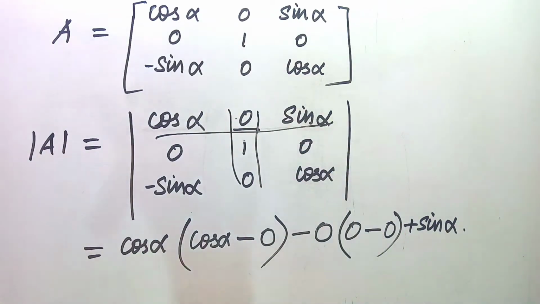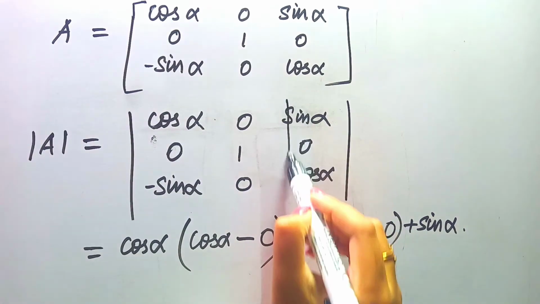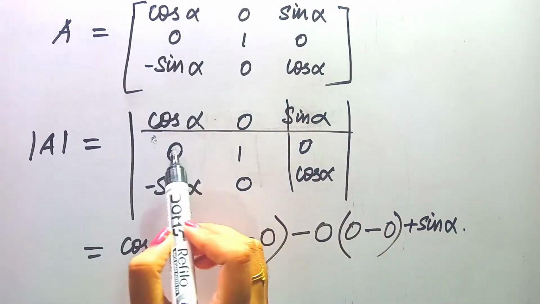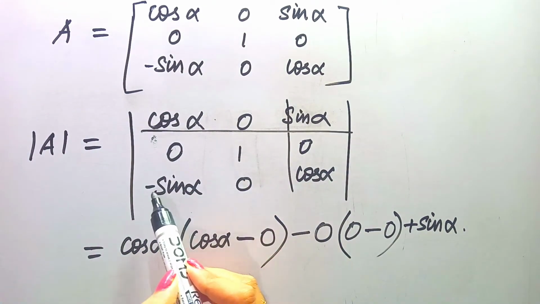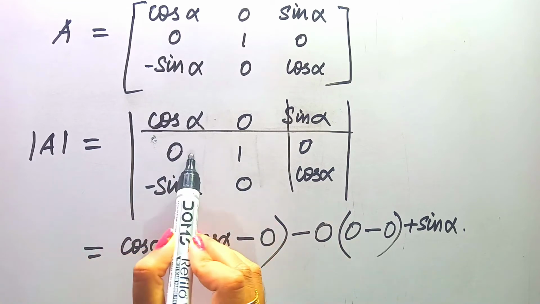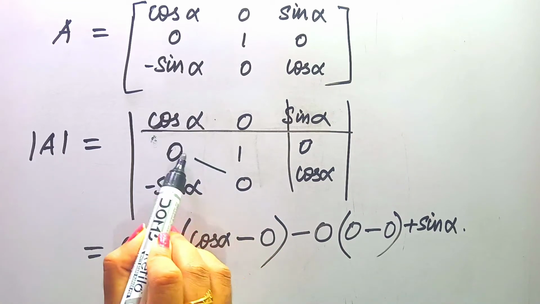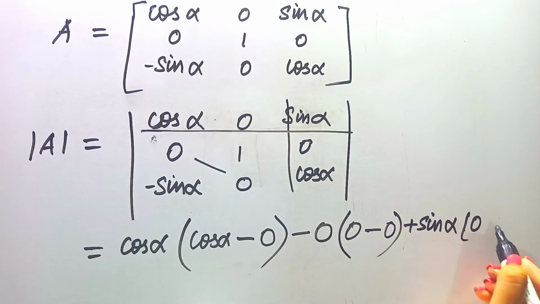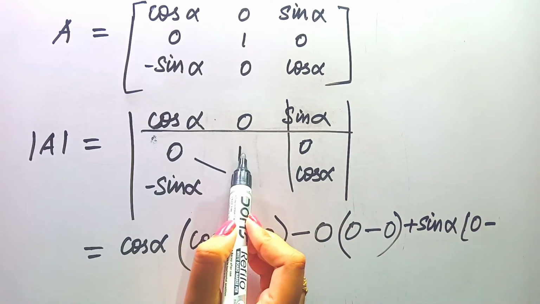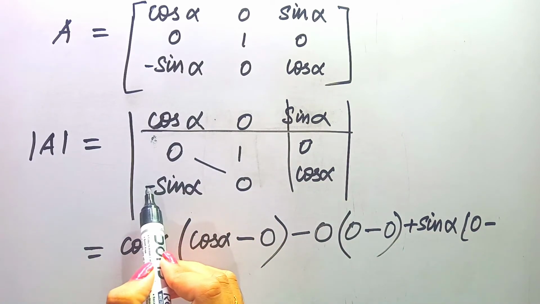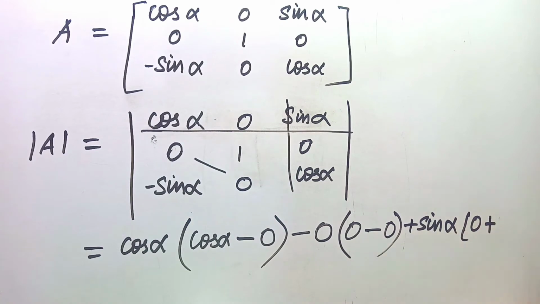So for sin alpha, we cancel both the vertical and the horizontal values, so we'll get 0 1 and minus sin alpha 0. So first you multiply these two, so 0 into 0 we'll get 0, then you put a minus sign here, and 1 into minus, here there is already a minus, so you have to put a plus symbol, then 1 into sin alpha will be sin alpha.